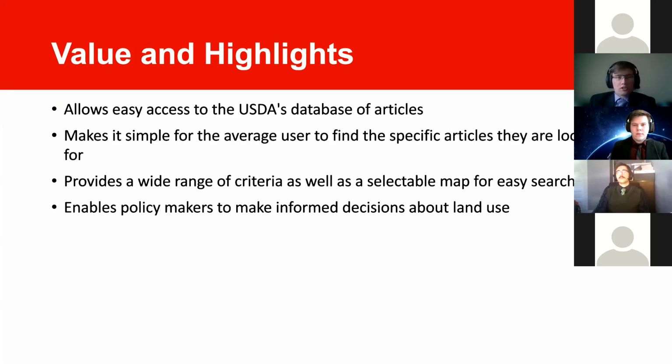Again, instead of having to generate your own query and understanding stuff like SQL commands, you can just have a visual interface where you hit what keywords you want. That provides a wide range of criteria as well as a selectable map. Again, this goes back to it makes it easier for you to find an article or visualize where things are at. And finally, it enables policymakers to help make better informed decisions about land use.